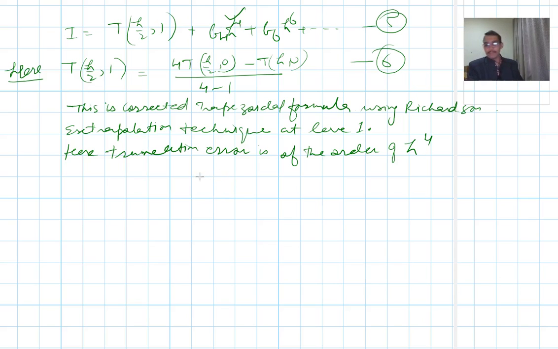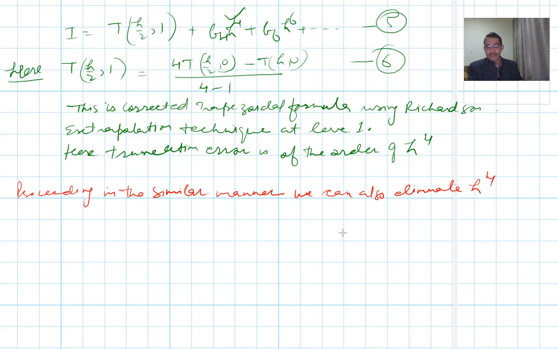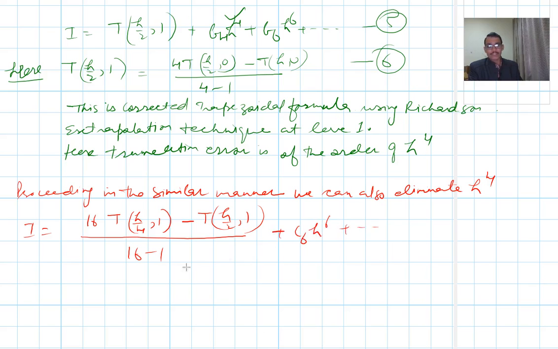If we proceed in a similar manner, we can also eliminate h raised to power 4, and the integral I will become (16 T(h/4, 1) minus T(h/2, 1)) over (16 minus 1), plus c6 h raised to power 6 and so on.